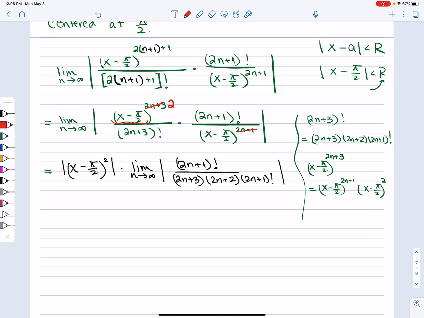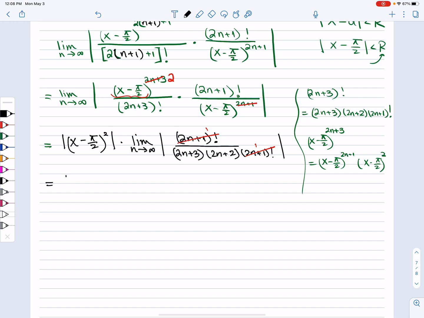So we can simplify the 2n plus 1 factorial from the numerator and the denominator, and you're left with the absolute value of x minus pi over 2 to the second power times the limit as n approaches infinity of 1 over 2n plus 3 times 2n plus 2 in the denominator.